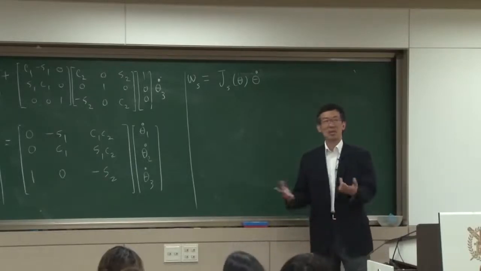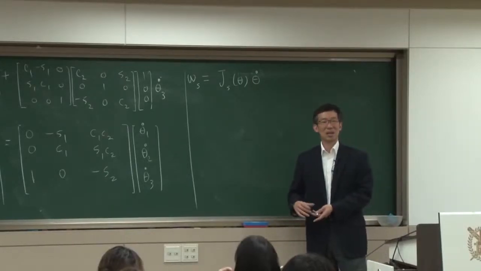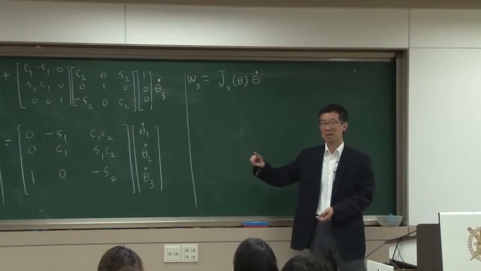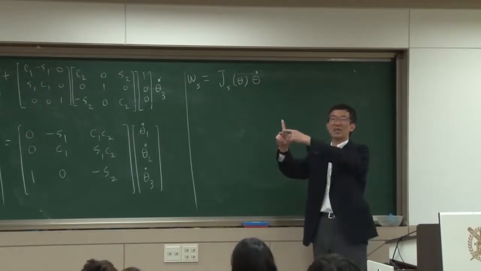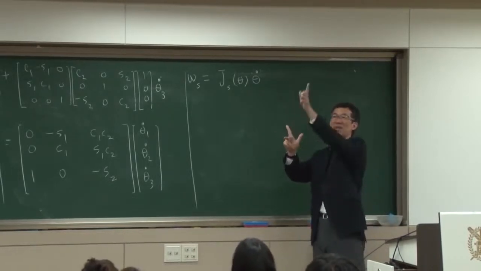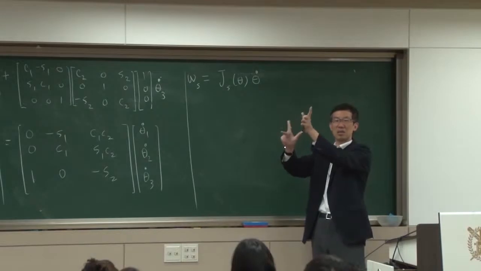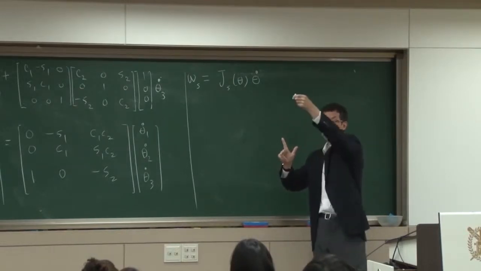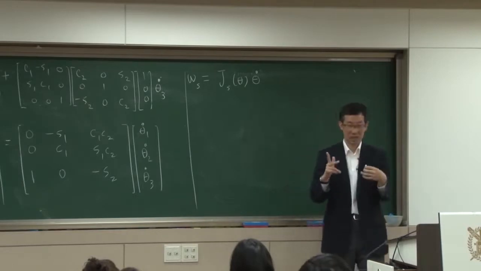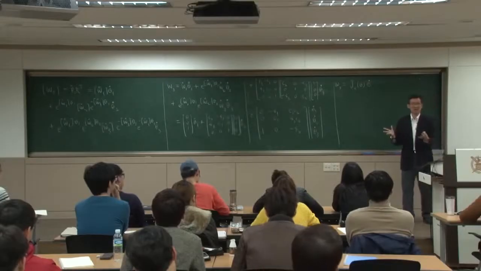All right, so suppose somebody says, I want to generate this angular velocity. So here's the end effector frame. I want this end effector to spin around this vector by some rate. In other words, I want the end effector to have this angular velocity. And they ask me, can it be done?